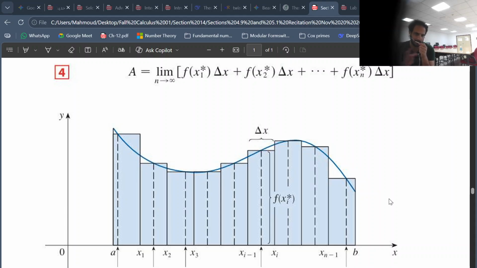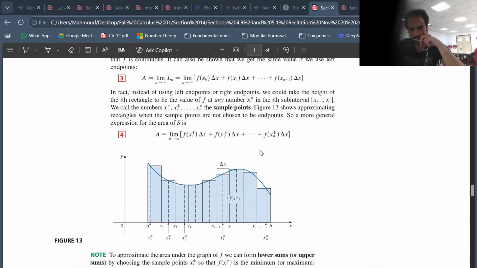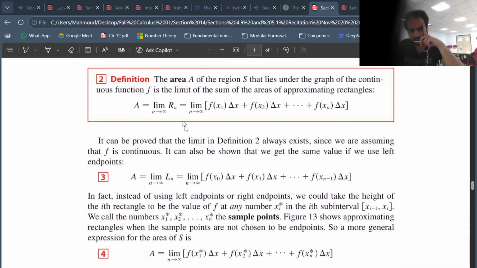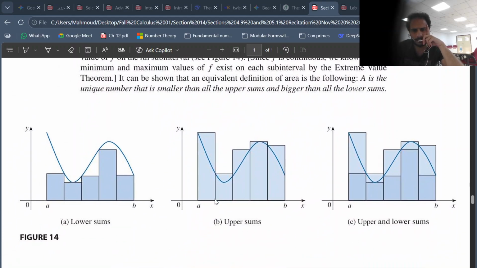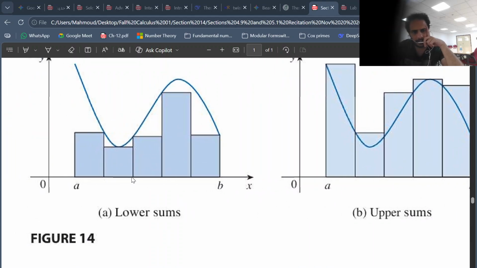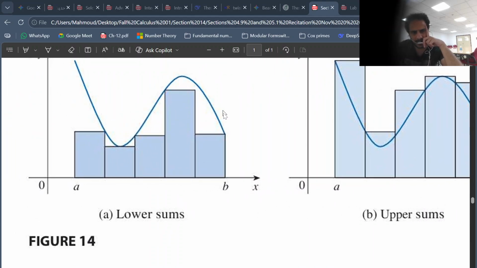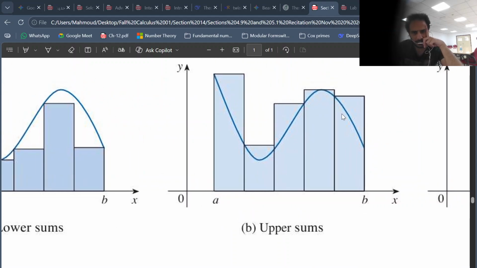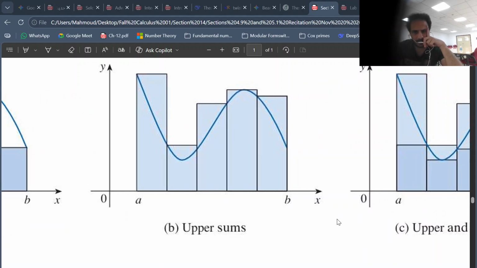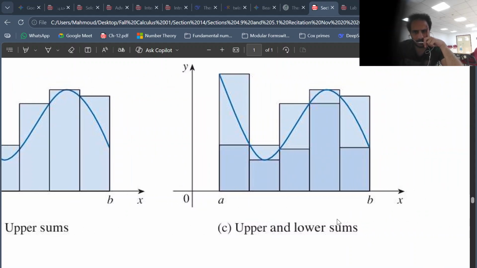You can take any point in the subdivision, okay? But the important ones are right sum and left sum. If the sum is less than the area, you call it a lower sum. If the sum of rectangles is more, you call it an upper sum. Here you have them together, upper and lower sums.